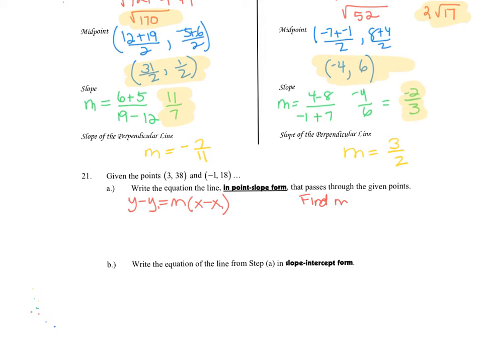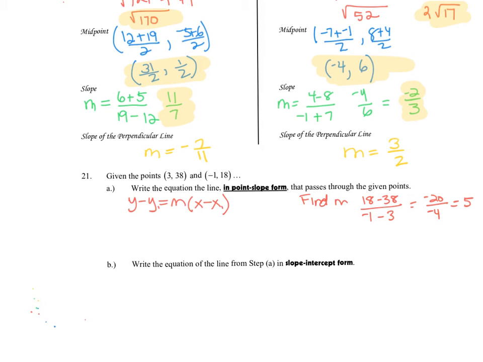So the first thing I'm going to do is come over here and find the slope. So the difference in the y values over the difference in the x values. And that's going to give me negative 20 divided by negative 4, which will give me a slope that is positive 5.